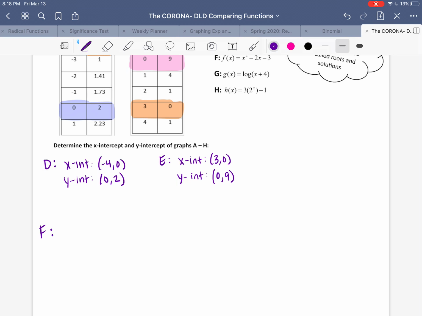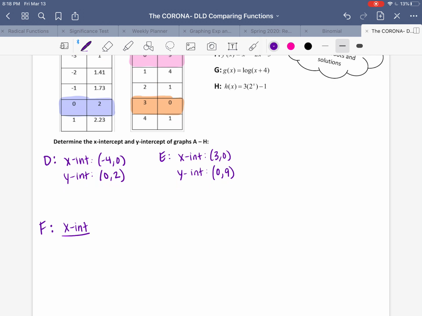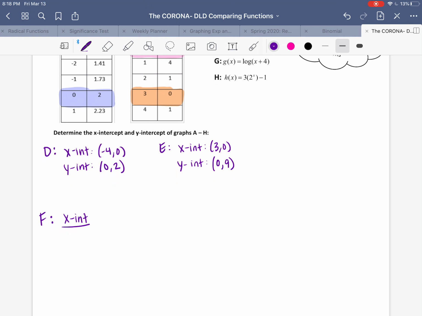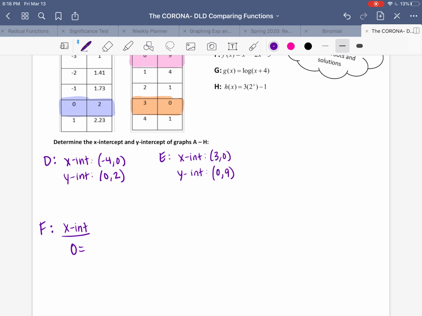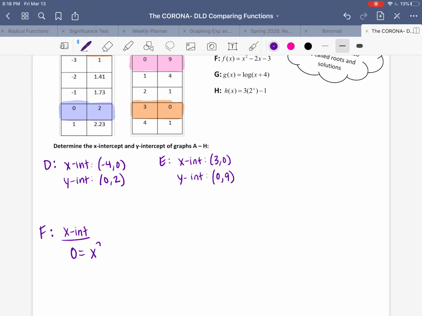So moving along to F. Now when we're trying to find it from an equation, again, we need to think about if we're trying to find our x-intercept, what does that mean? What is y doing? So in this case, if we're finding our x-intercept, y is going to be 0. So we're going to set our function equal to 0, and we're going to need to solve.